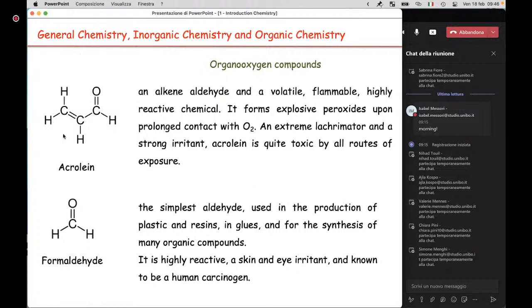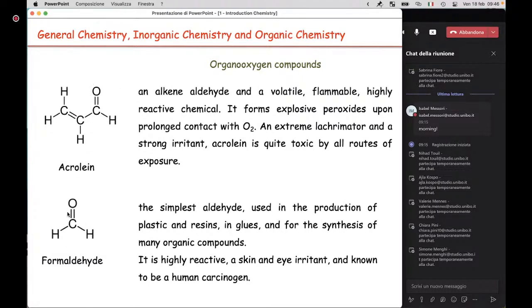But also many other aldehydes and ketones, the carbonyl group, when it is within the molecule, not at the end of the molecule, but in the middle of the molecule, it is a ketone group. Many aldehydes are quite toxic.